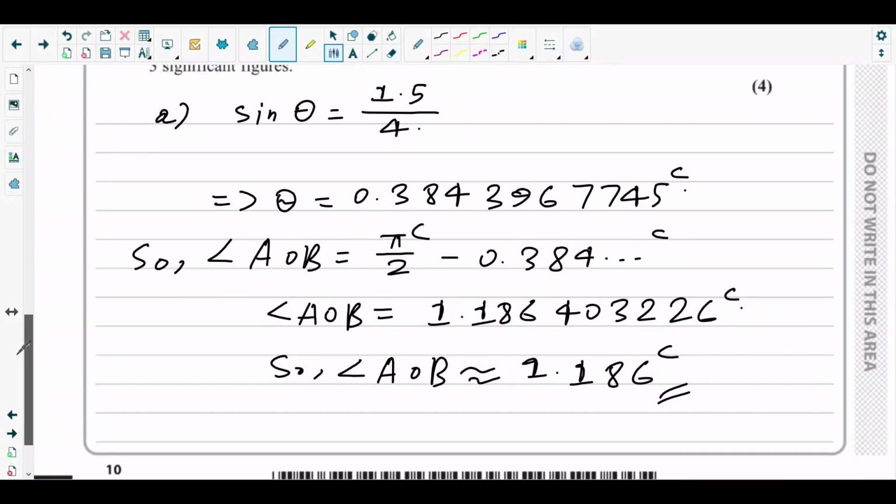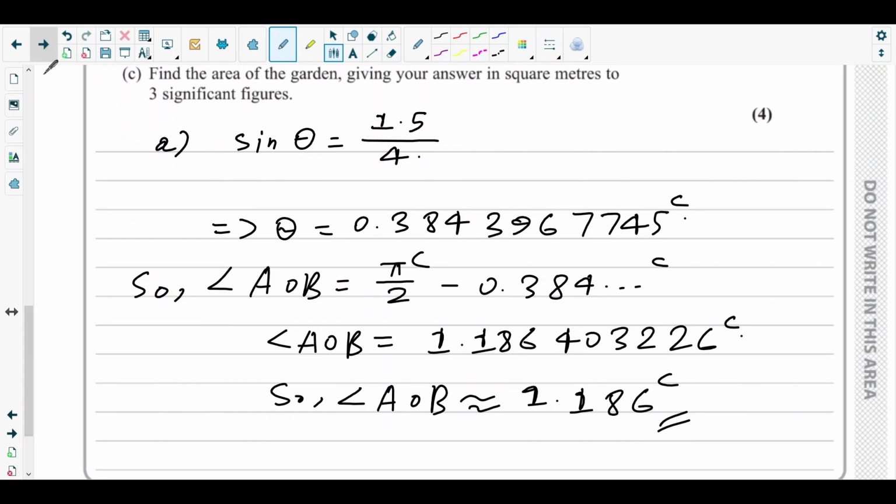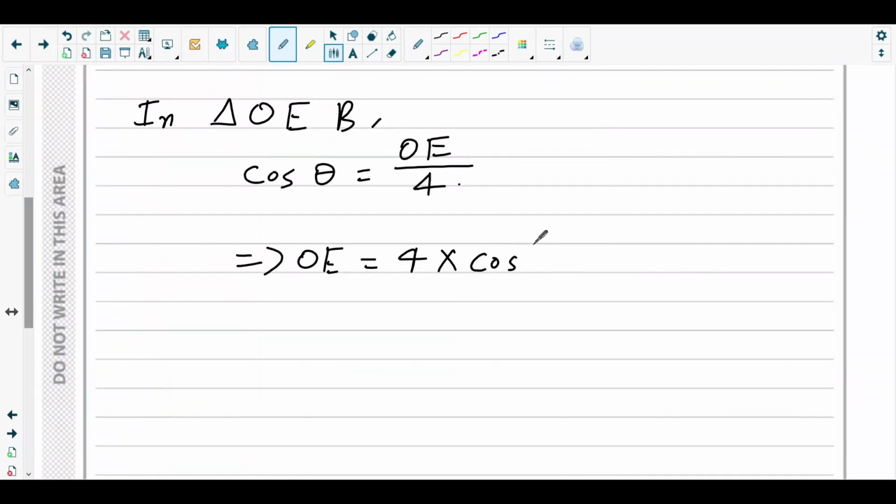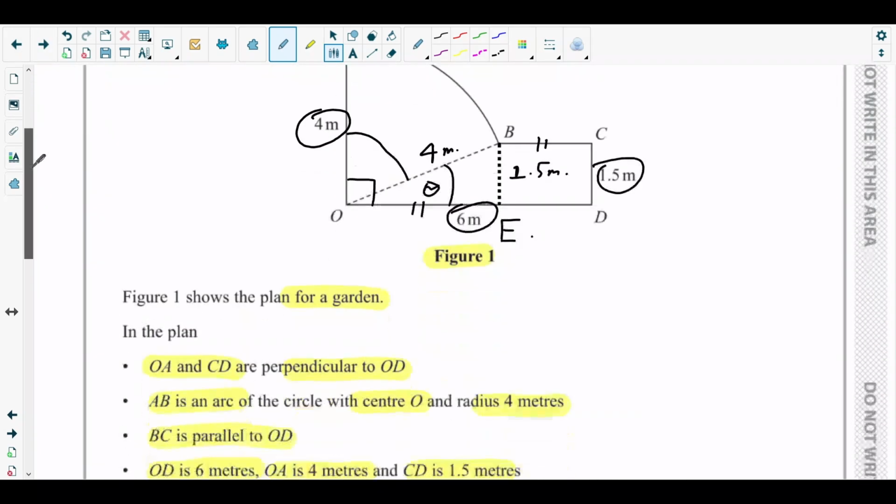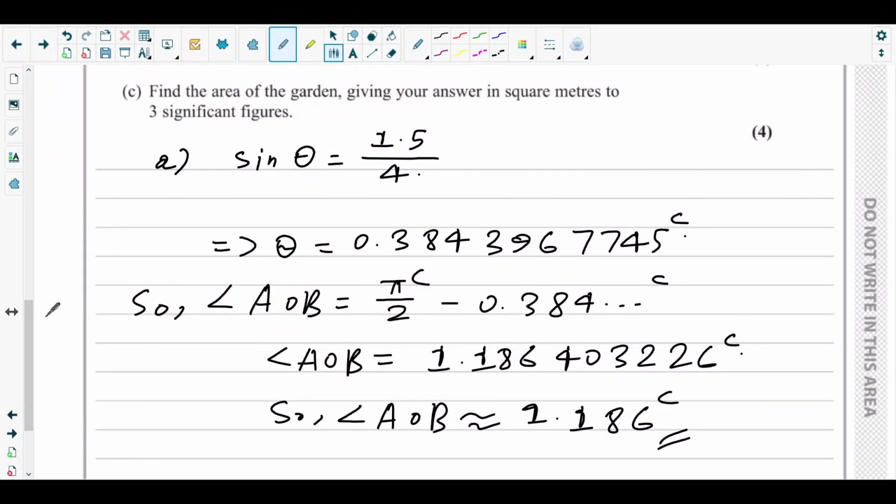It was 0.384 something, that much radians. So the length of OE would be cos of the value for theta, 0.38439677745 radian, times 4.